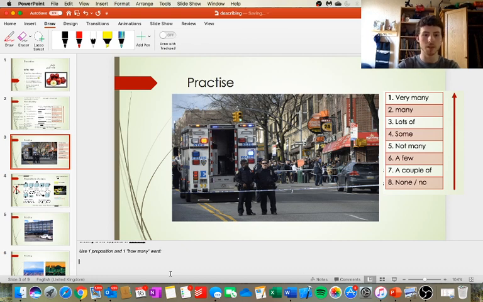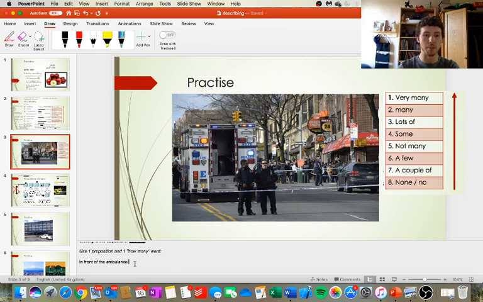So what about there are a couple of policemen in front of, excellent. So what are you saying? In front of the ambulance, because we are talking about this ambulance.